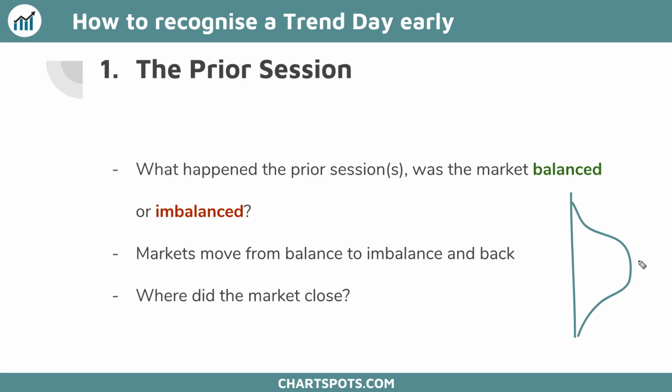That doesn't happen too often, but it does happen. You can have multiple days of this, of course. And a market, like I mentioned here, it always moves from balance to imbalance and back. So that's an important thing to take note of.